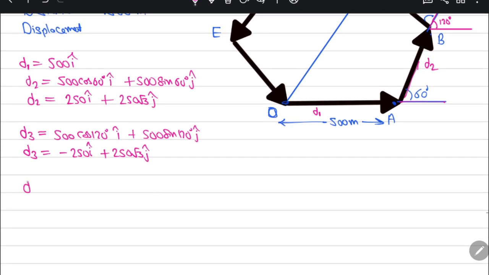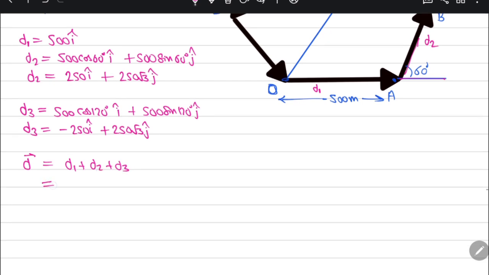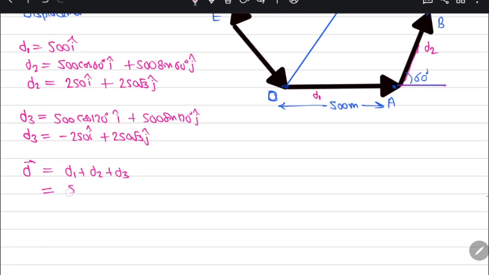To find the displacement, we add d1 plus d2 plus d3: 500 i cap plus 250 i cap plus 250 root 3 j cap minus 250 i cap plus 250 root 3 j cap.